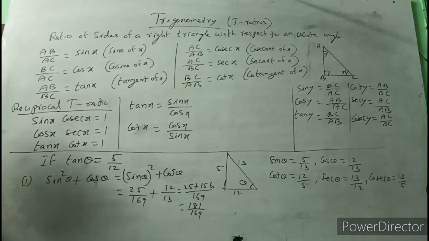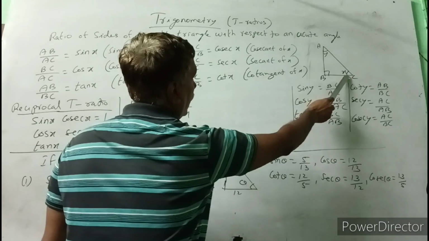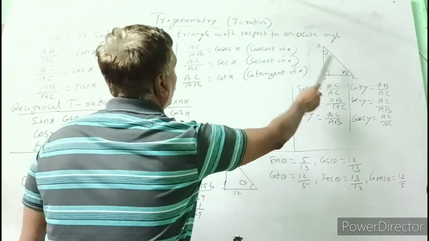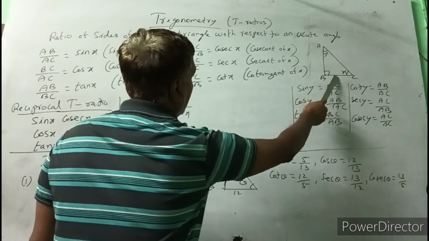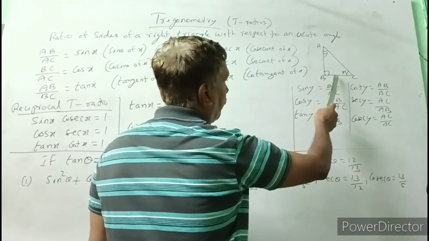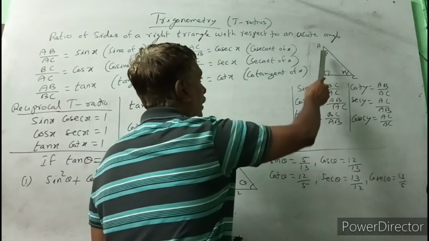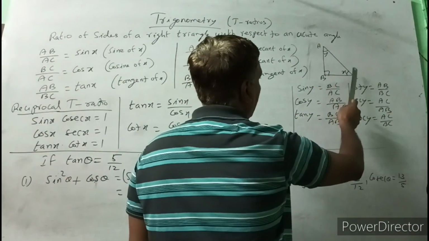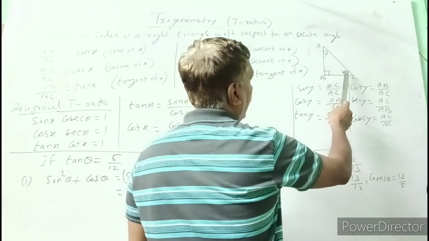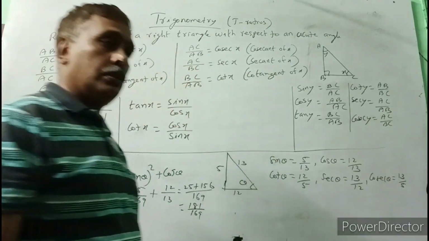The first one, with respect to this acute angle X: AB upon AC, the opposite side of the acute angle X divided by the hypotenuse.